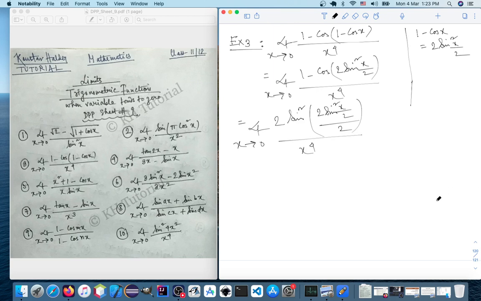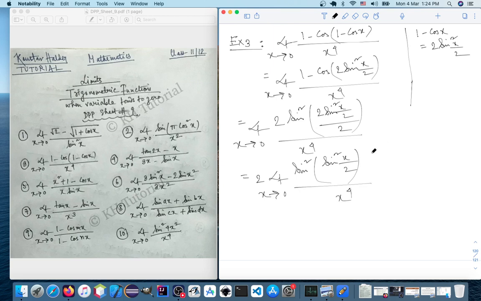So we have this 2 sine square. We can bring this outside, and this becomes sine square x by 2, and we have x to the power 4.